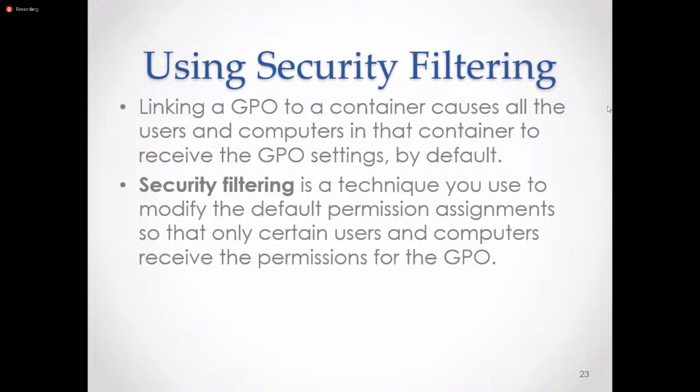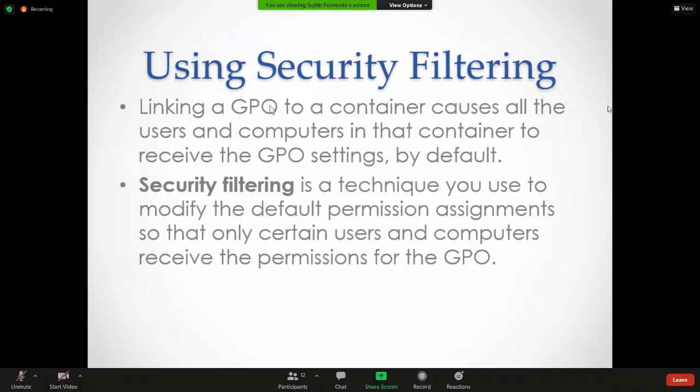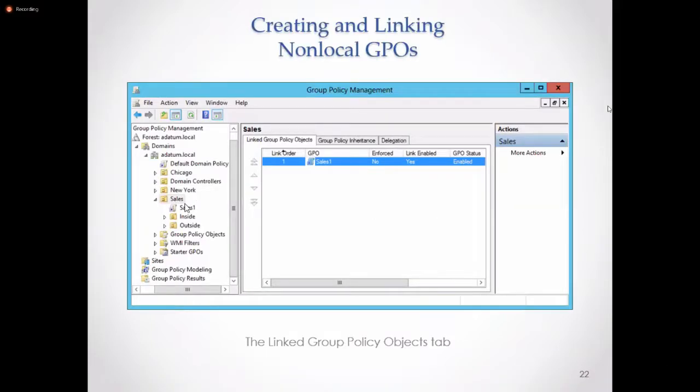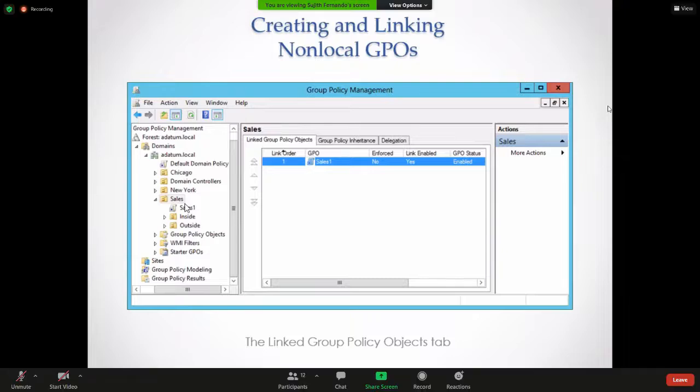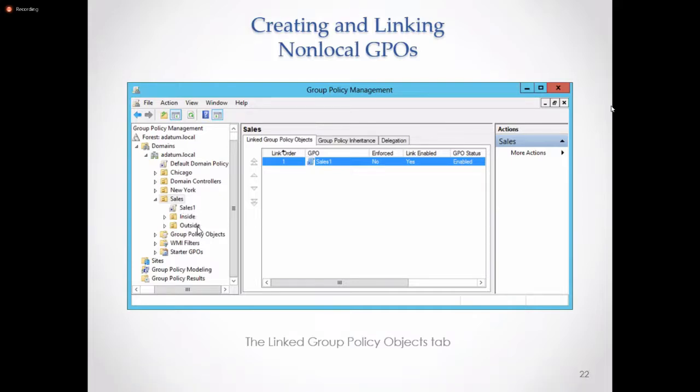When you link a GPO to a container, and your OU is a container, it contains a set of users and computers. So when you link a GPO to a container like this, the sales one will apply to anything that is inside.